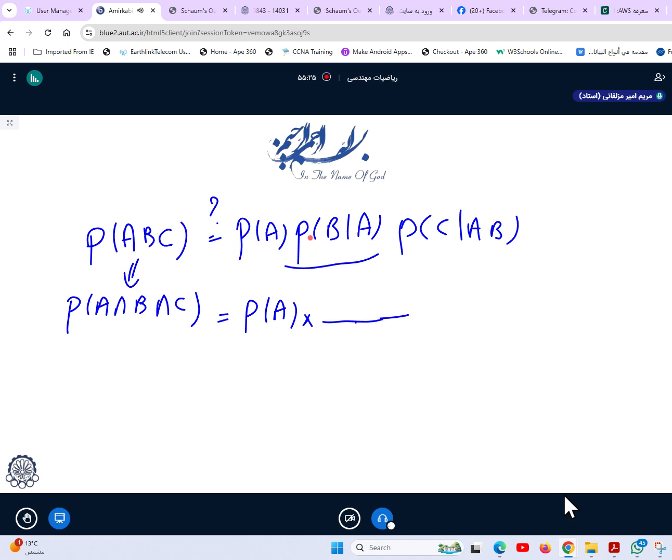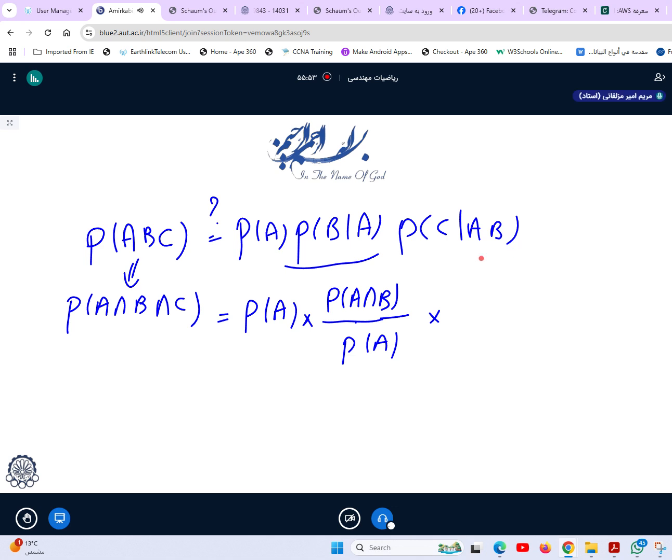Please help me. Probability B conditioned A or given A is equal to what I should write in this place. Probability B given A is equal to probability of A intersection with B divided by probability of A.